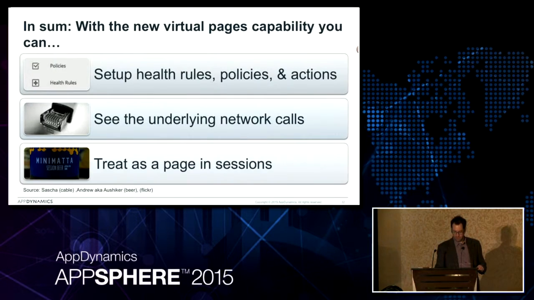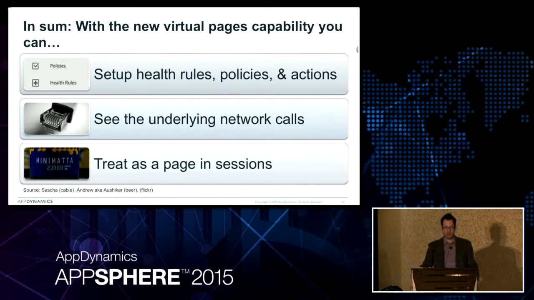All right. So in sum, there are a number of things you can do with virtual pages. They're plugged into our health rules and policy system, so you can set up a rule and alert and get trending on the performance of your different views. You can start to set up organizational SLAs or policies on these.